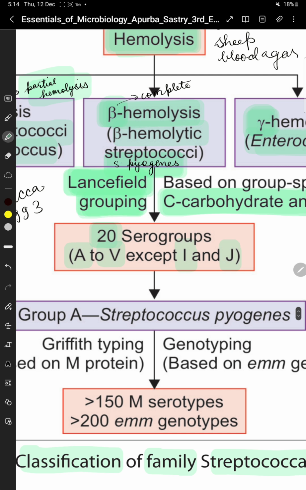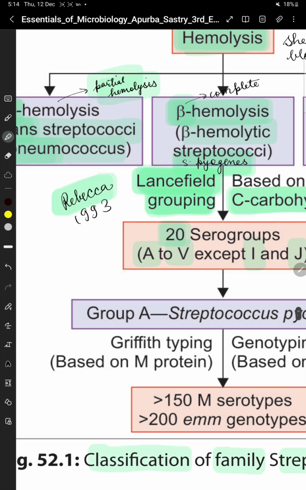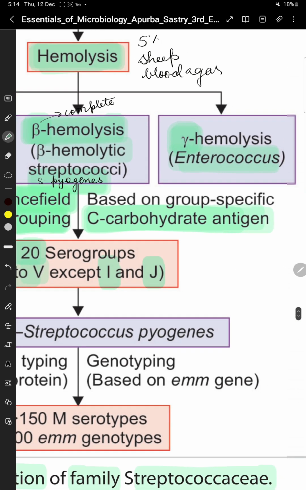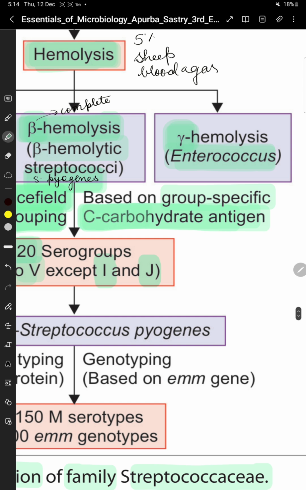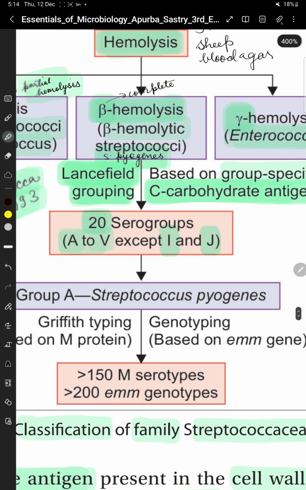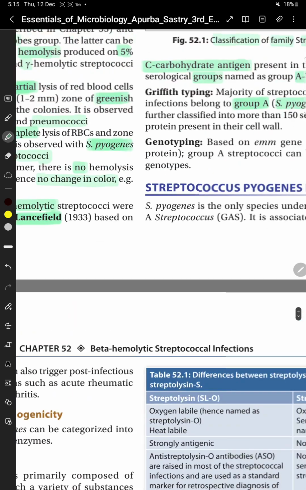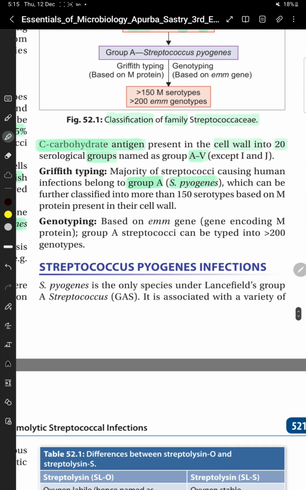So Lancefield grouping was given by Rebecca Lancefield in 1993. Under this, the beta hemolytic streptococci are further grouped into 20 serogroups A to V except I and J, based on group specific C carbohydrate antigen present in the cell wall.